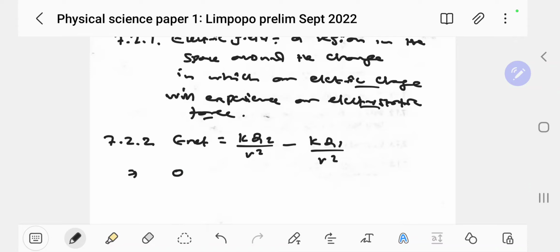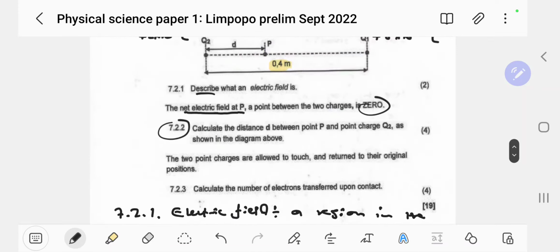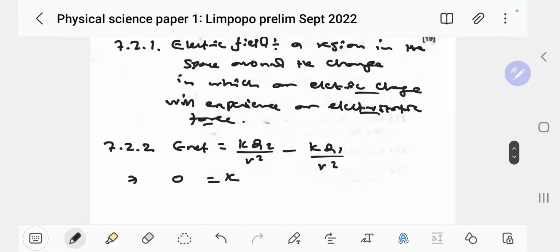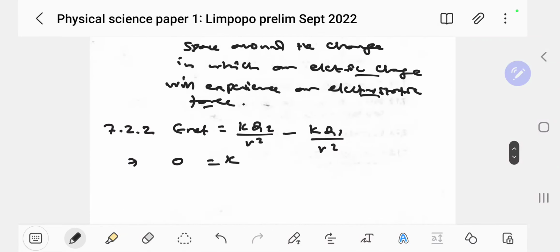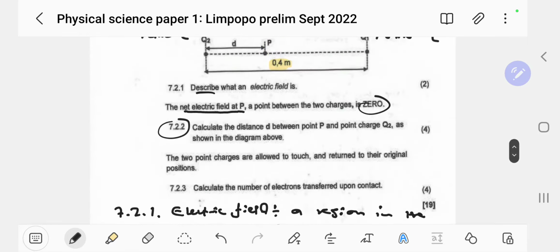So this implies that 0 is equal to, and then we look at this one. What is k? Do we really want to worry too much about other things? Not at this point. So this is k Q2 over, but now what is the r?